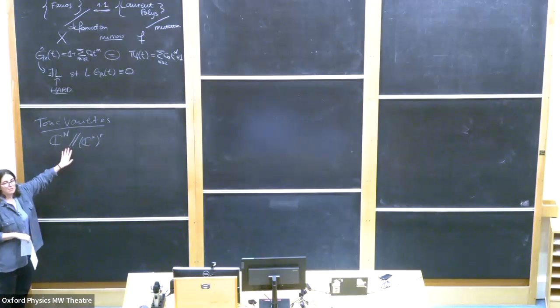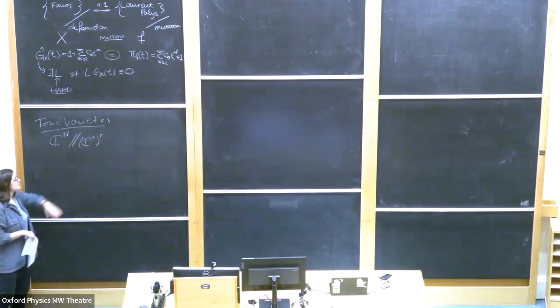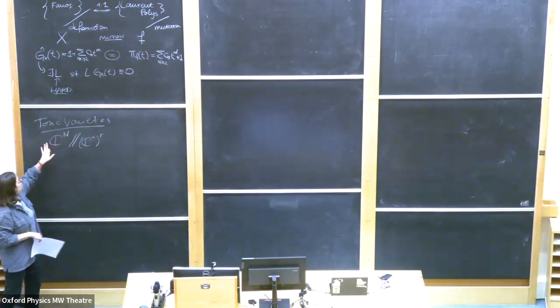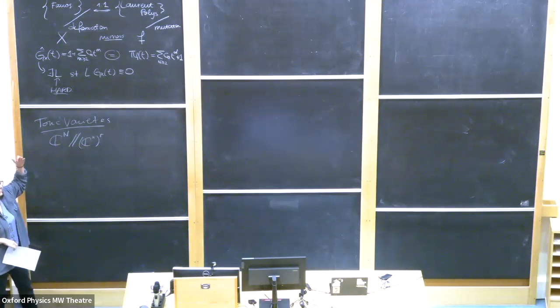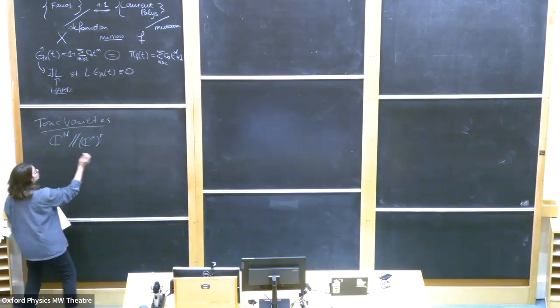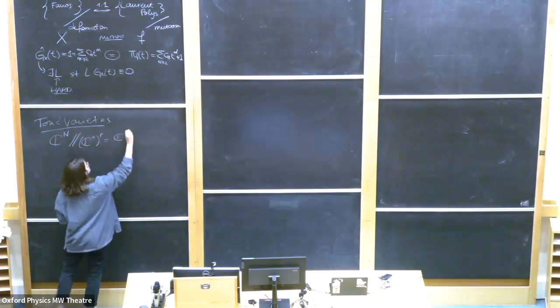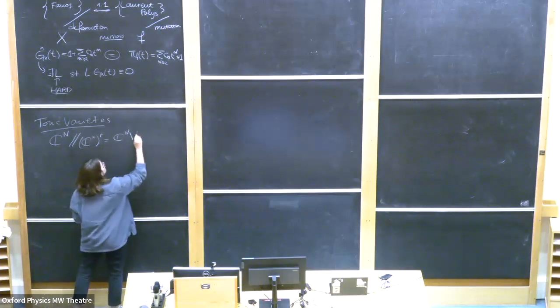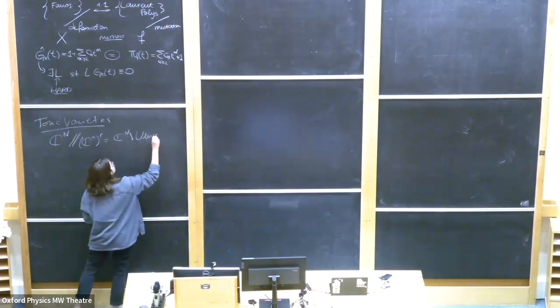The double bar means that I'm taking this quotient when it makes sense. So this action might not mean that every orbit is sensible. The actual quotient is going to be something like C^n minus a union of linear subspaces.